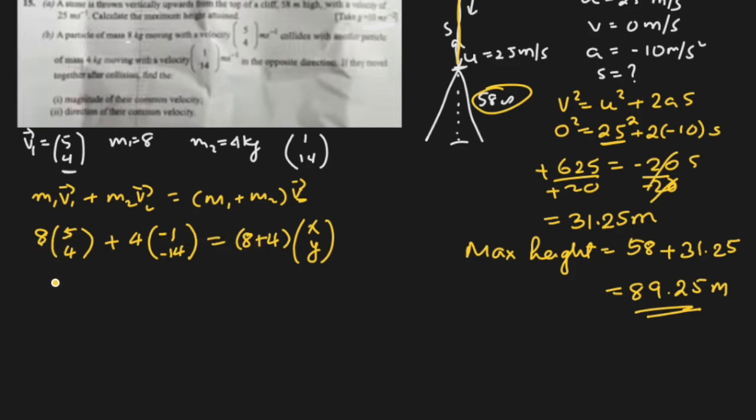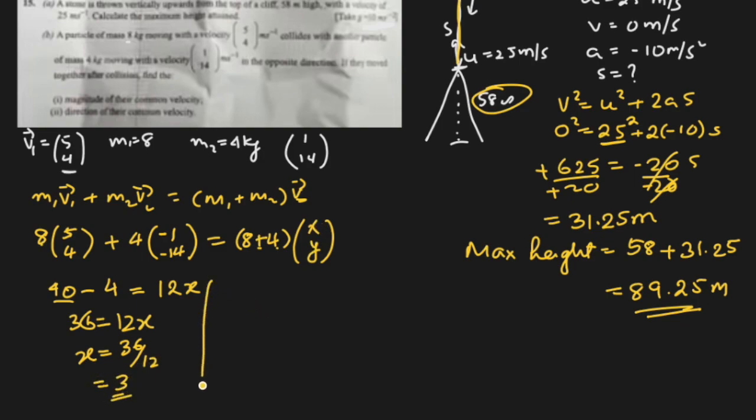So 8 times 5 is 40 minus 4 equals 12 times x. So 36 equals 12x. x is 36 divided by 12, which is 3. So the x component of the final velocity is 3.